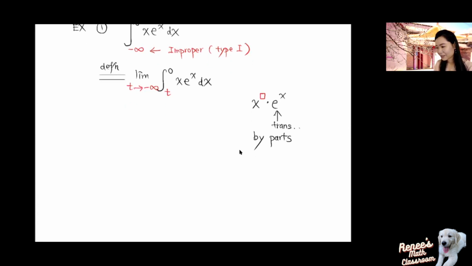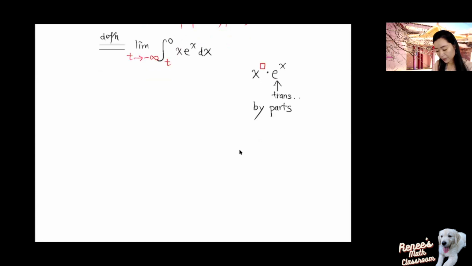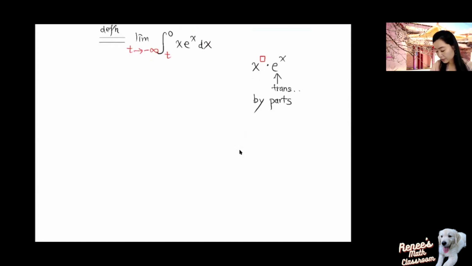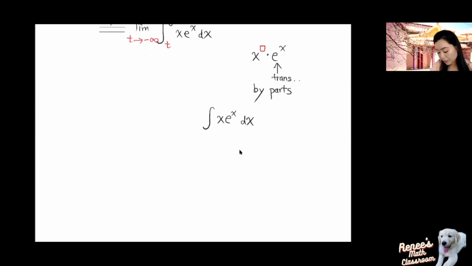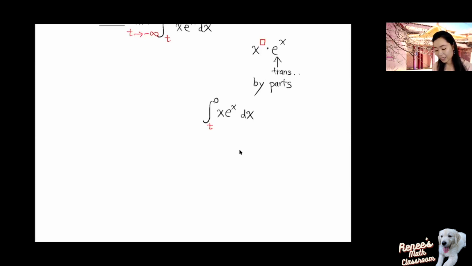Right. So do integration by parts, okay? Using integration by parts, let's do it together. To deal with this integral over here, this x is an algebraic function, right?